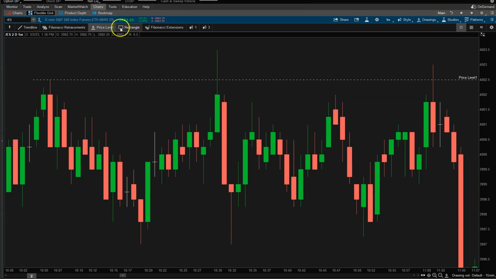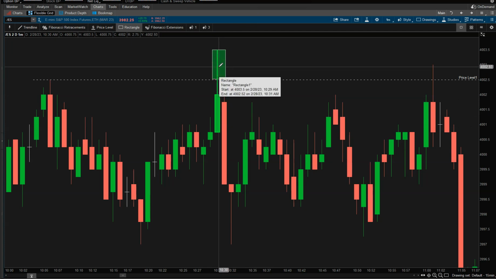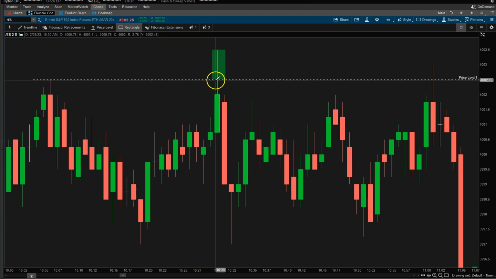And everybody's trapped up here now, in this level. And then we come all the way back down. So this is what's called a liquidity grab, a buy-side liquidity grab, where everybody has stop orders to get long the market, looking for this breakout higher and continued trend up.